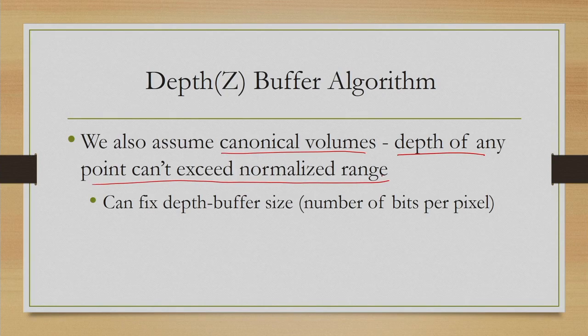So, we already have a normalized range of the volume and the depth cannot exceed that range. If we assume that, then we can fix the depth buffer size, or number of bits per pixel. Otherwise, if we allow unrestricted depth, then we do not know how many bits to keep, and that may create implementation issues. So, we go for some standardized considerations.